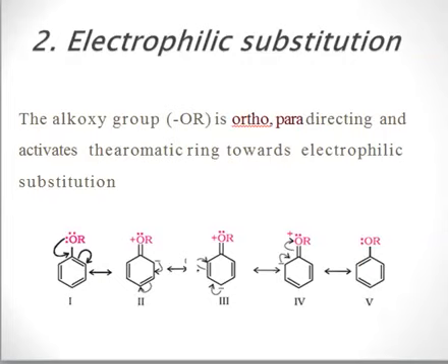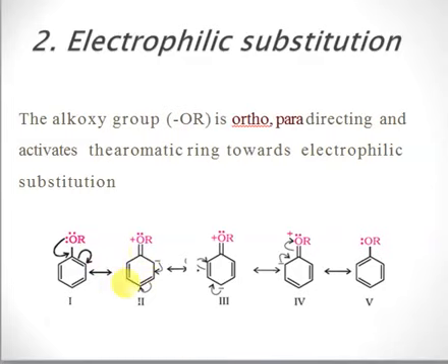Okay, so suppose we have alkyl aryl ethers, so we have a benzene ring here. In that case, what we get is electrophilic substitution reactions. Again, we have oxygen here, just like in the case of phenol, and the oxygen has lone pairs. So this oxygen makes electron density rich at the ortho and para positions.